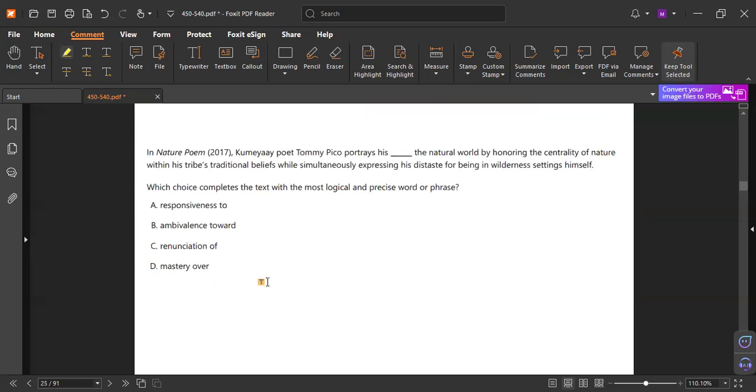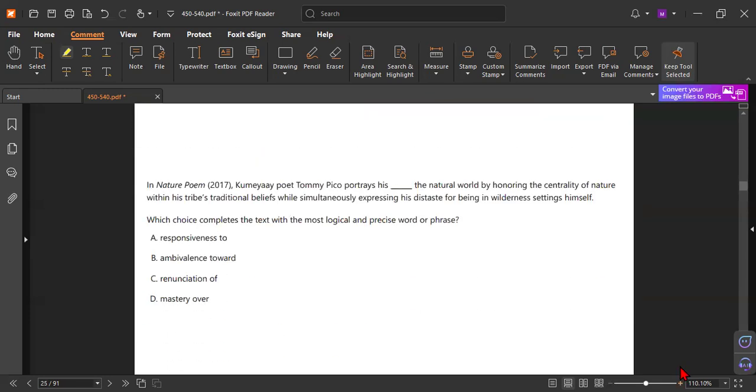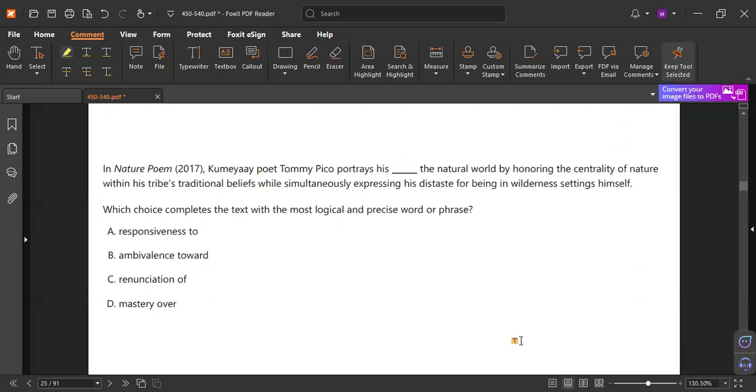What is next from your mind? Is it A? Letter A, I don't think so. Then it's C. Renunciation, I don't think so. Yeah, let's try to read.